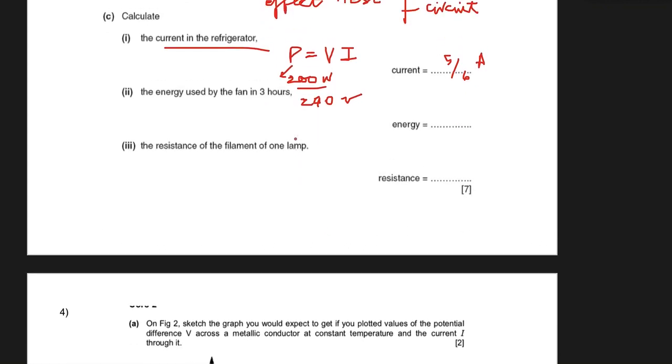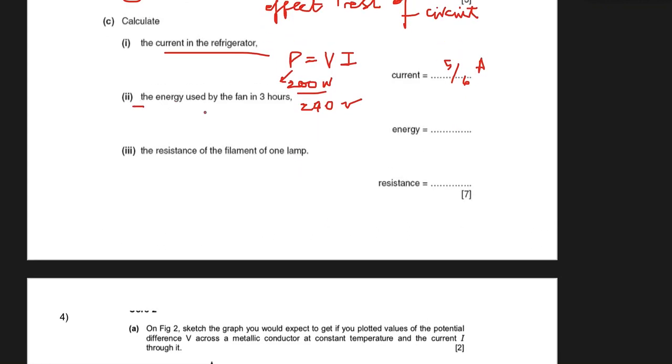Now the second part of the question is the energy used by the fan in 3 hours. As the rate of energy being spent is equal to power, energy can be written as power into time, and that is how you will work out this part of the question.